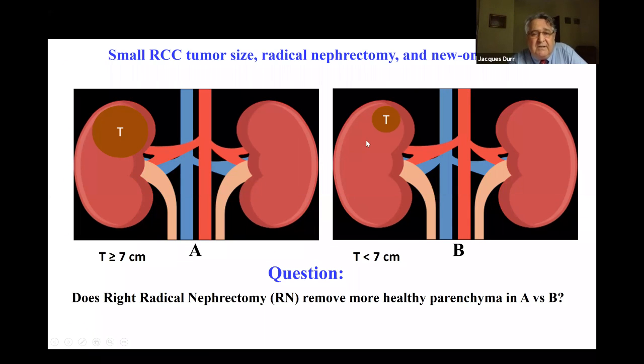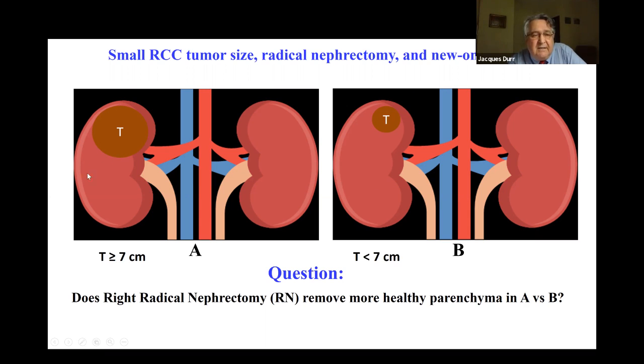But let's look at the scheme. We have a small tumor here and a large tumor here. The question is, what happens if you do, for example, radical nephrectomy here or here? Obviously, here you are going to take out much more healthy tissue than here.